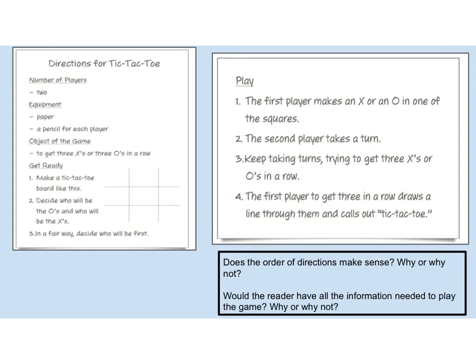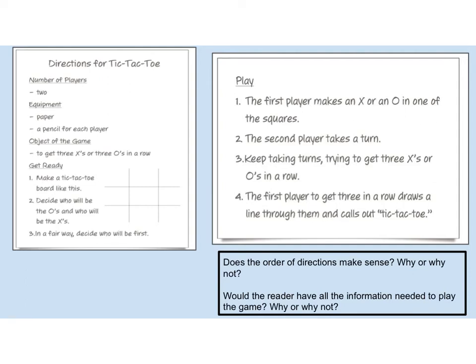So here we've got directions for tic-tac-toe, and we're going to ask ourselves, does the order of directions make sense? Why or why not? We're also going to ask ourselves, would the reader have all the information needed to play this game? Why or why not?